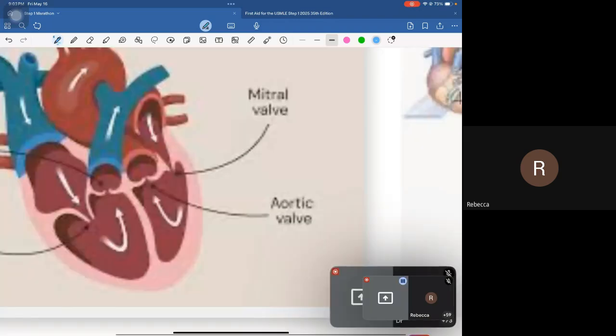So, this is the mitral valve. What happens in rheumatic fever is that the mitral valve gets stenosed. There is calcification of the mitral valve. Now, what will happen is that blood is going to stay in the left atrium. There would be a lot of blood now in the left atrium, and the left atrium would get enlarged. Behind the left atrium, we have the trachea, and we have the esophagus as well.